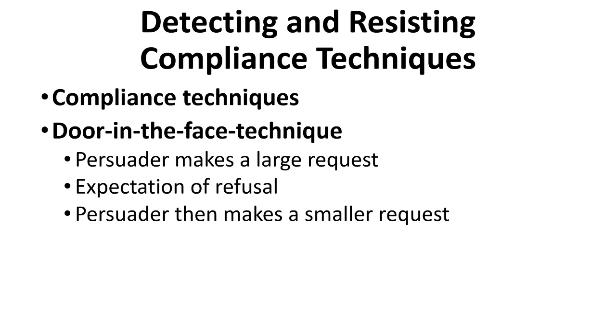The next compliance technique that we can talk about is the door in the face technique. And this is where someone who's trying to persuade you to do something starts off by making a large request. Maybe your friend wants something from you, and so they come over and they say, "Hey, can you lend me $100?" And that's a huge request, but they expect you to immediately refuse that.